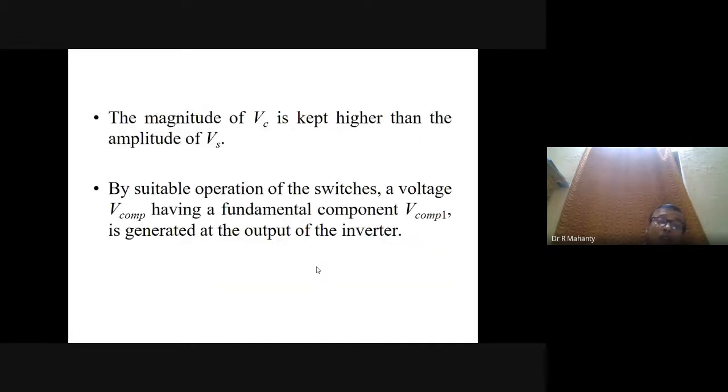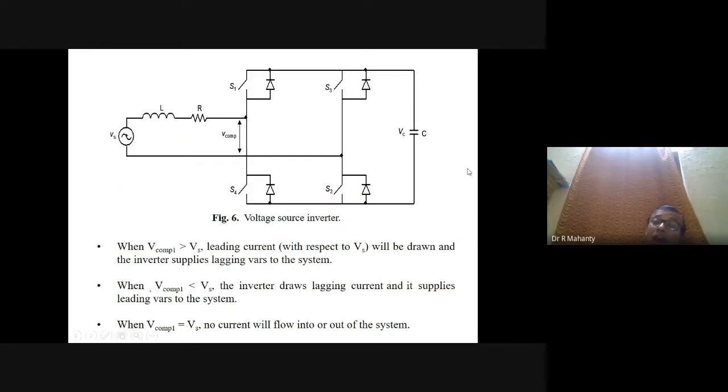Now, the magnitude of Vc is kept higher than the amplitude of Vs. Why is that done? Because you have to take a value of Vc for which the voltage generated here is more than Vs. If this voltage is too small, there may be a situation where V compensation 1 is always less than Vs, and then no current will flow from the inverter to the source side, and therefore the power factor cannot be improved.